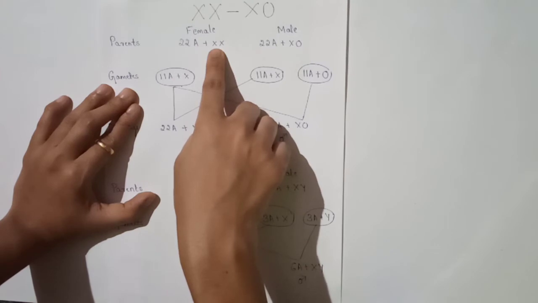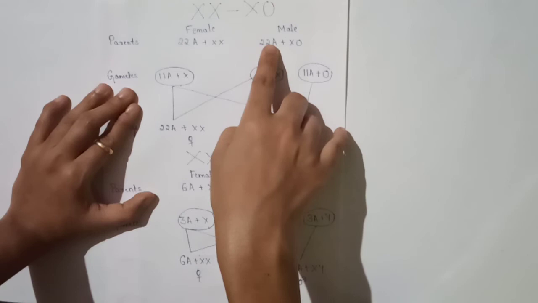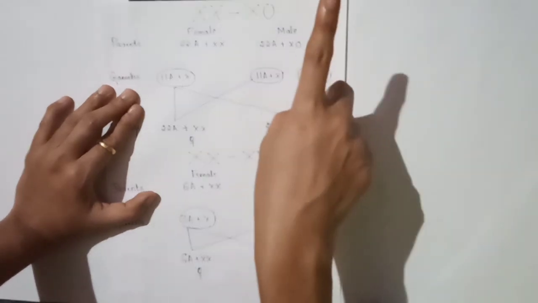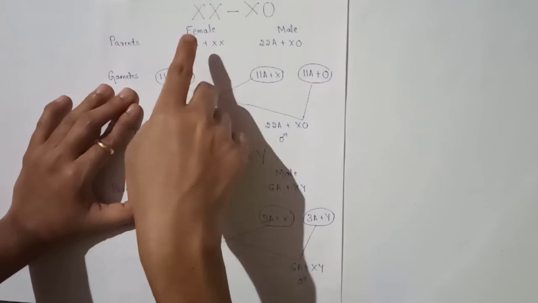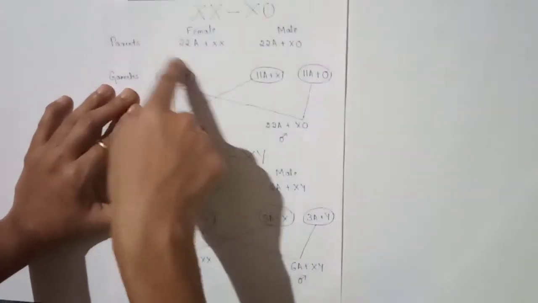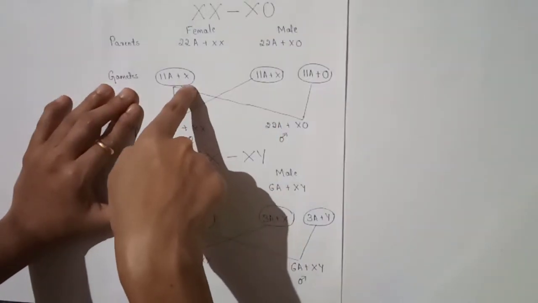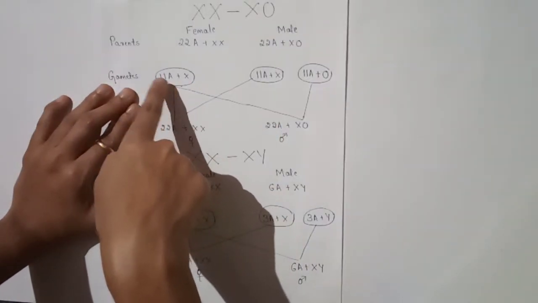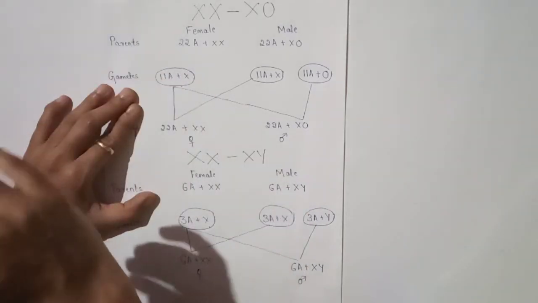Whereas in male, 22 autosomes and only one allosome, that is the X chromosome. During gametogenesis, means oogenesis, the female produces all eggs with X chromosome. Therefore, the gamete consists of 11 autosomes plus 1 X chromosome.